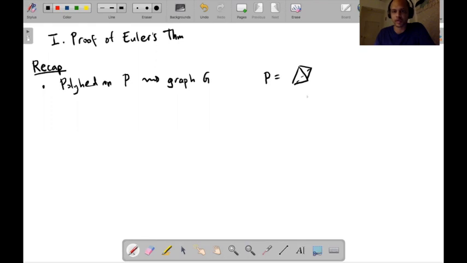For the tetrahedron, we can draw this like this. Sorry, that's not pretty. Okay. And so this graph is called the one skeleton of the polyhedron.